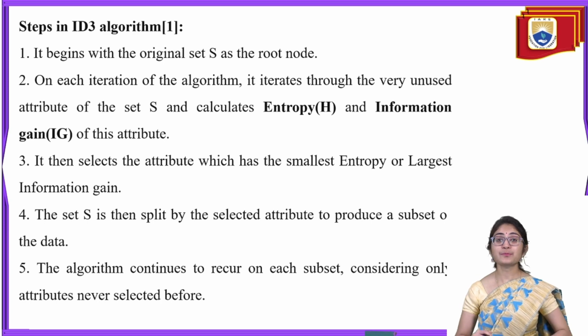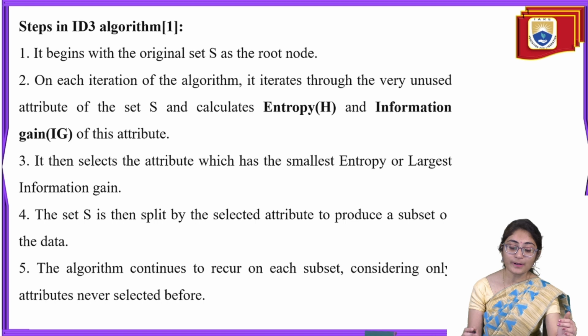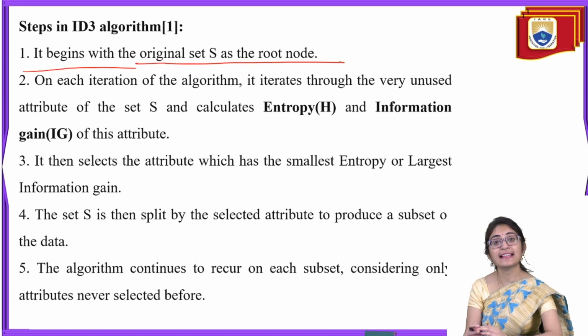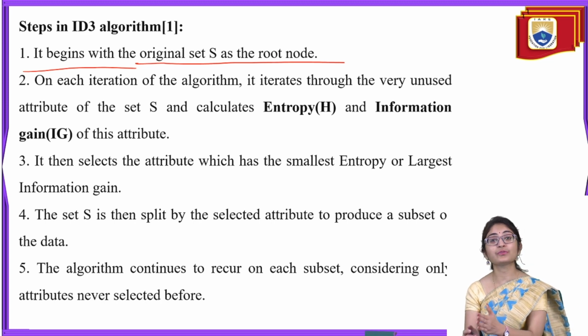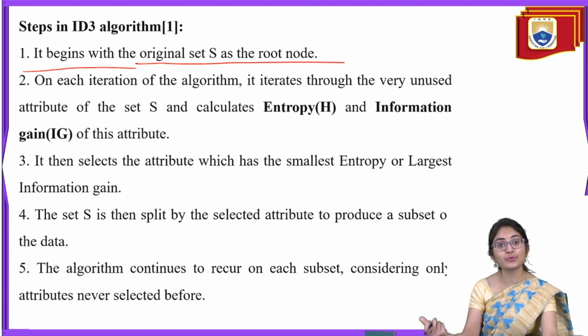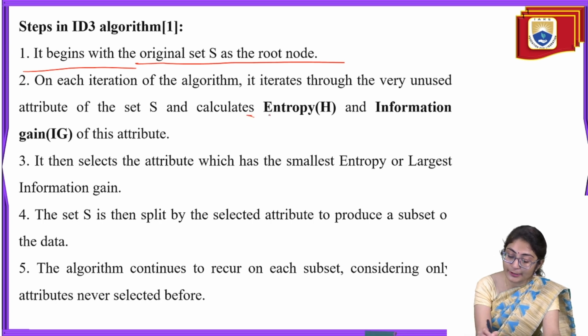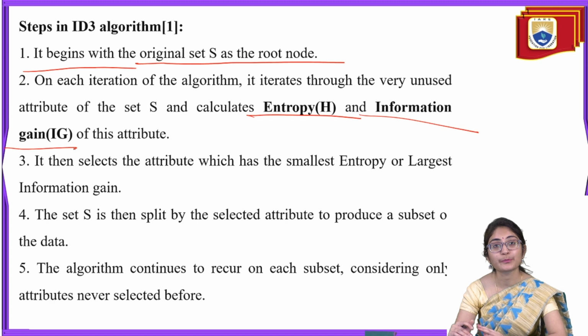Now, which steps do we have to follow in the ID3 algorithm? First, it will begin with the original set S as the root node. On each iteration, the algorithm iterates through every unused attribute of the set S and calculates the entropy and the information gain of this attribute.